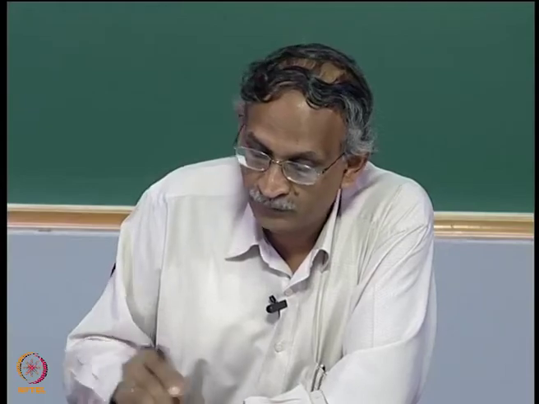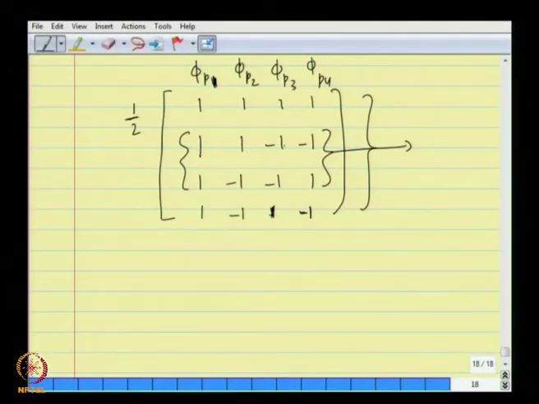And one way is the contribution phi p1 minus phi p3 and the contribution phi p2 minus phi p4 corresponding to E2, and the other way is a contribution like this, phi p1 plus phi p2 minus phi p3 minus phi p4 multiplied by 1 by 2, and likewise phi p1 minus phi p2 minus phi p3 plus phi p4 all multiplied by 1 by 2. So it does not matter.